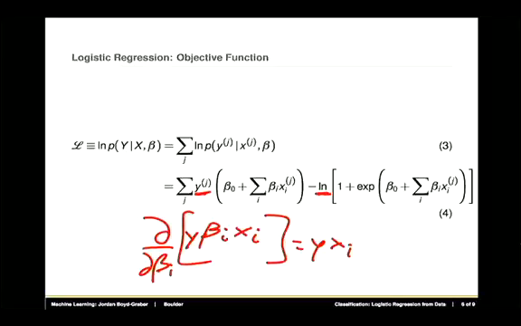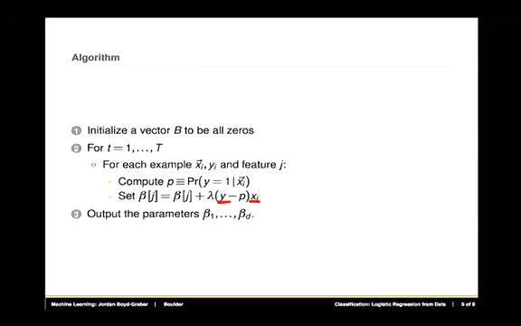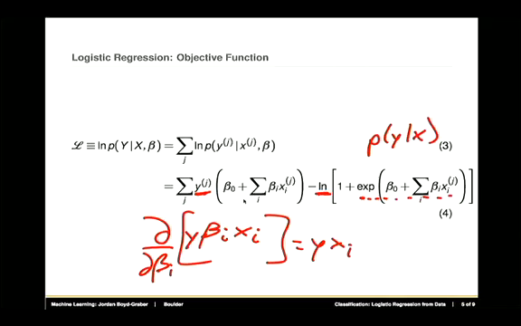And so this part is a little trickier. But the neat thing about this is that you can see that this looks a lot like the original form of probability of y given x. And so when you take the derivative of that, you basically end up with something of the form probability of y given x times x.